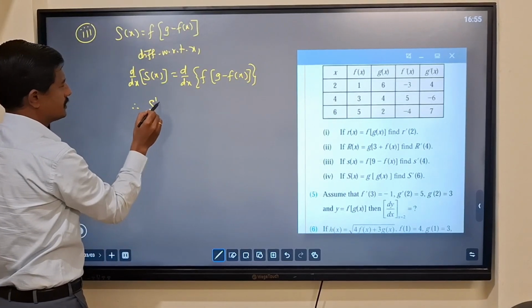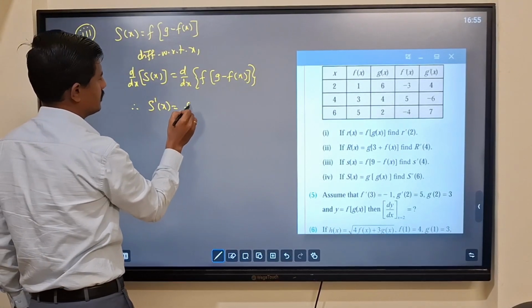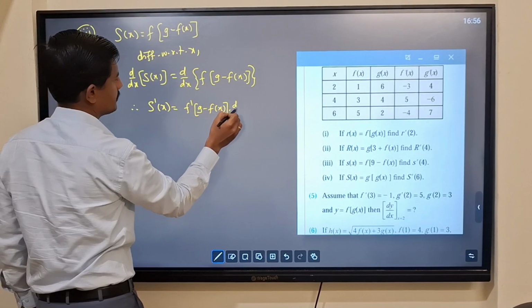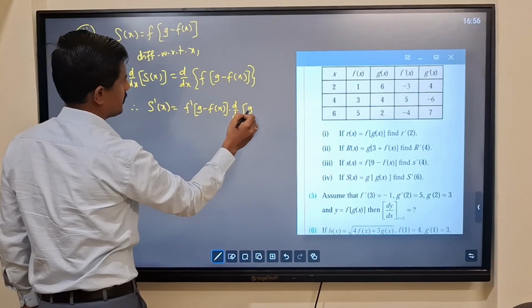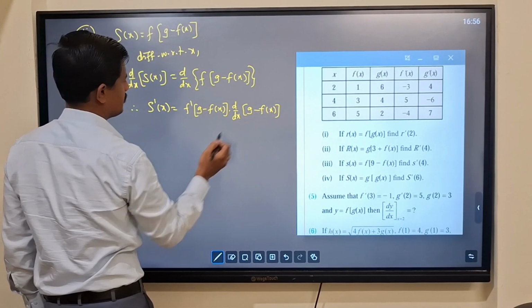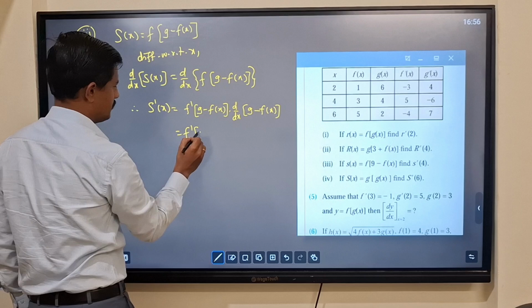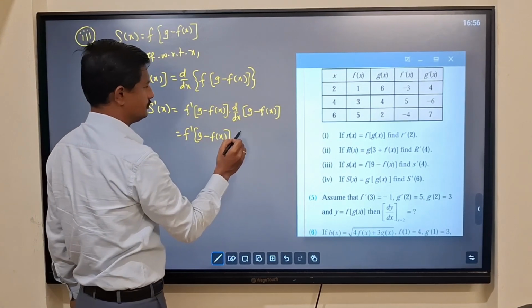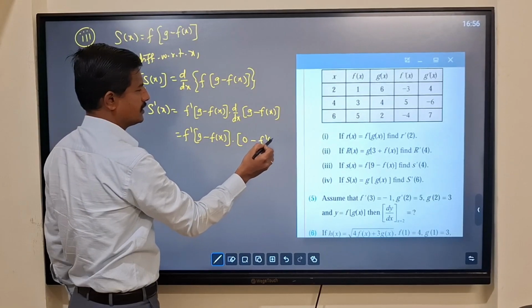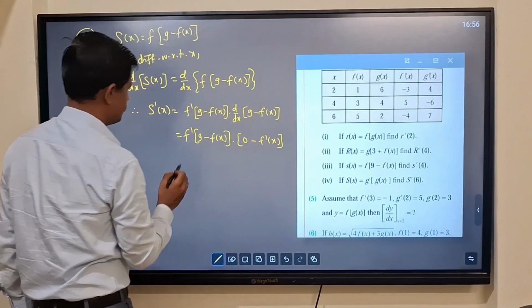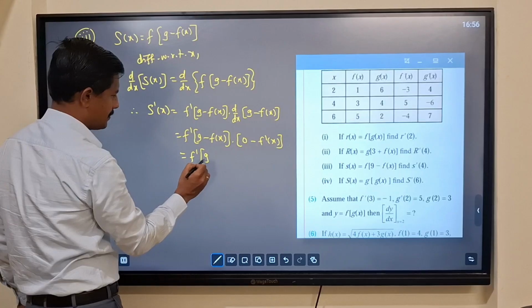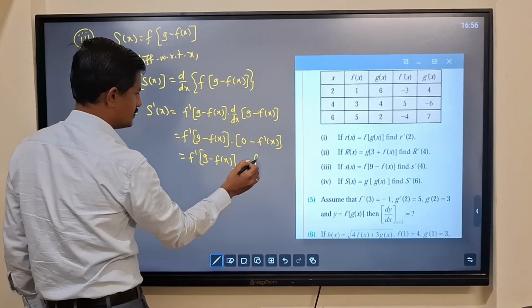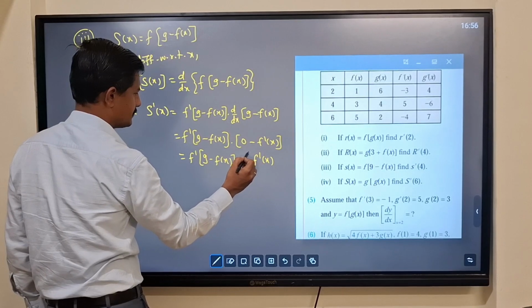So this becomes s prime of x equal to f prime of 9 minus f of x into d/dx of 9 minus f of x, which is 0 minus f prime of x. This becomes f prime of 9 minus f of x into minus f prime of x.